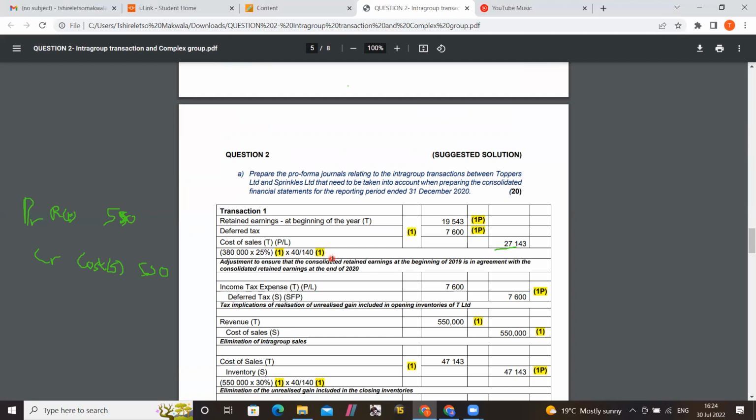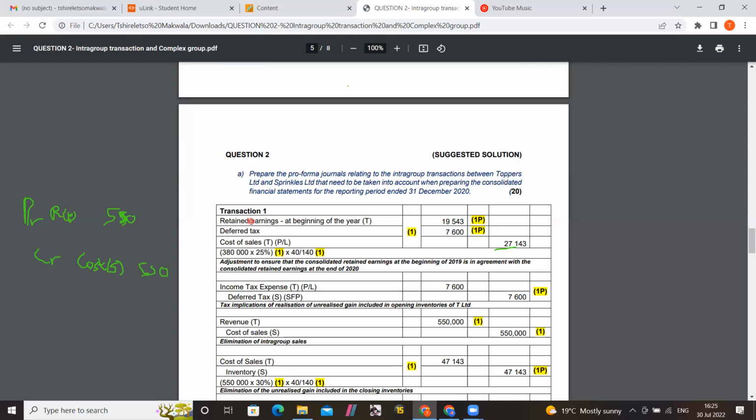The inventory that I credited in the last journal entry is eliminated by the inventory that I debited in the next journal entry, so it's going to be canceled out. The only thing left is the retained earnings and the profit, which is here. And then do not forget deferred tax.